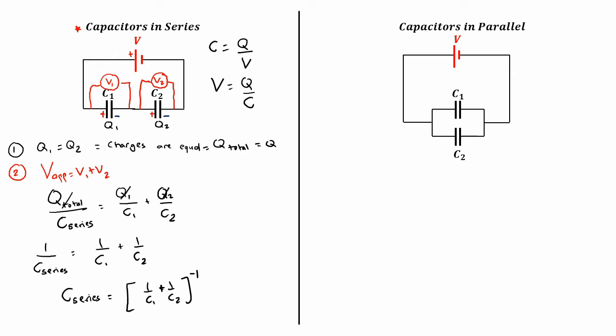In parallel, the charging is again in the same fashion, with the left plates positively charged and the right plates negatively charged. But here something unique is happening. The voltage that is applied will be the same voltage for capacitor 1 and for capacitor 2.